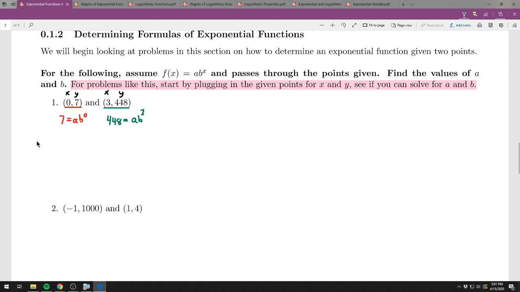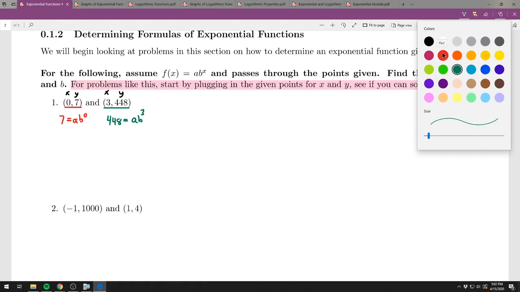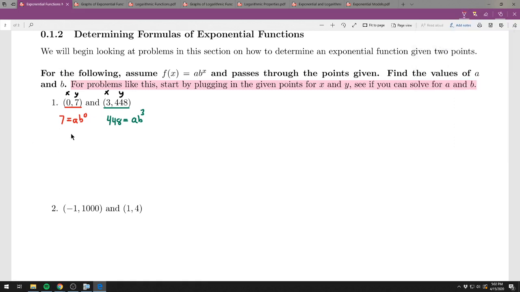So we're going to be able to solve for both a and b in this problem from these two equations. Now this one actually works out pretty nicely when you have x equals 0 because of what happens here. Anything raised to the 0 power, even though we don't know what b is, is 1.